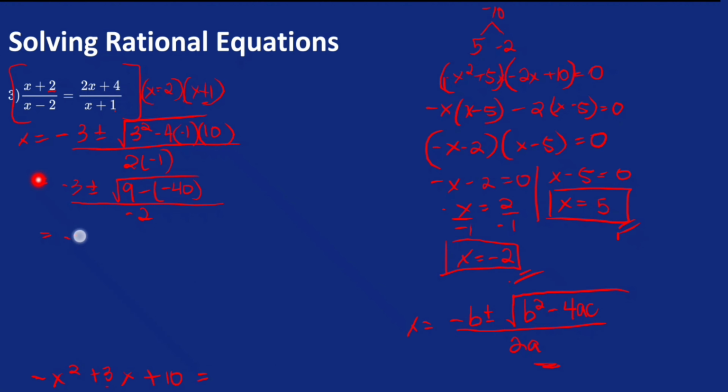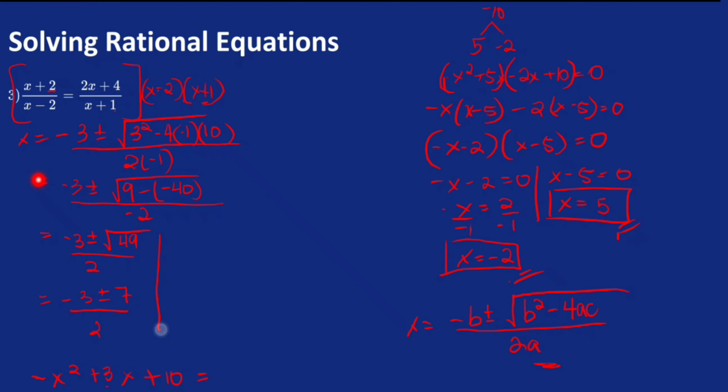And you'll have negative 3 plus or minus the square root of 9 minus negative 40 is 49, all over negative 2. So this can still be simplified to negative 3 plus or minus square root of 49 is 7 over 2.